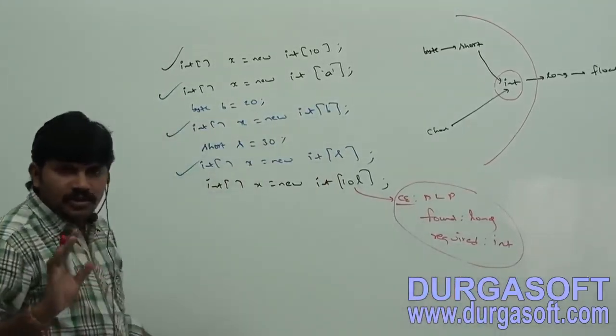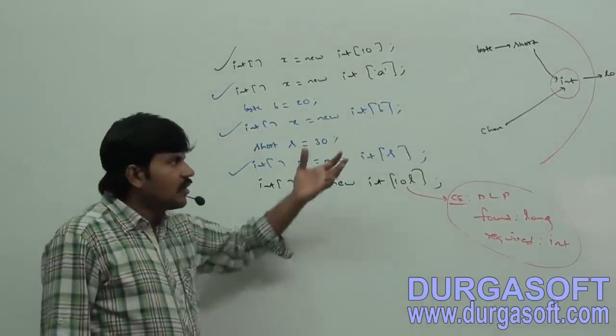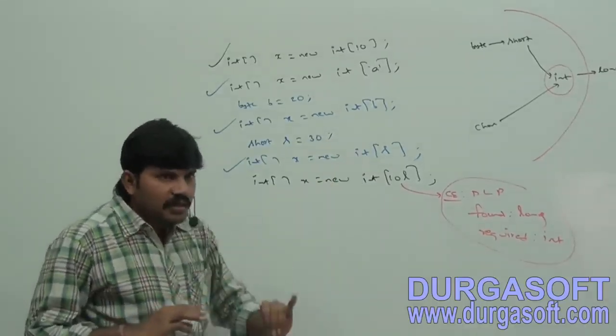Are you getting it? To specify array size, the allowed data types in Java are byte, short, char, int. If you provide any other, we will get a compile time error.